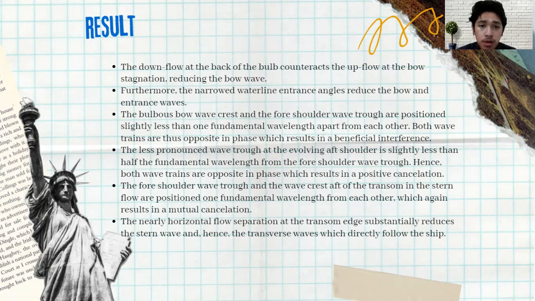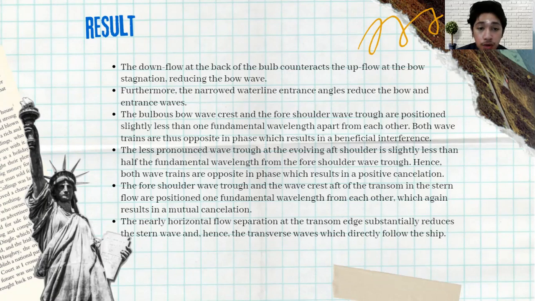The bulbous bow wave crest and the fore shoulder wave trough are positioned slightly less than one fundamental wavelength apart from each other. Then the last pronounced wave trough at the evolving aft shoulder is slightly less than half the fundamental wavelength from the fore shoulder wave trough.